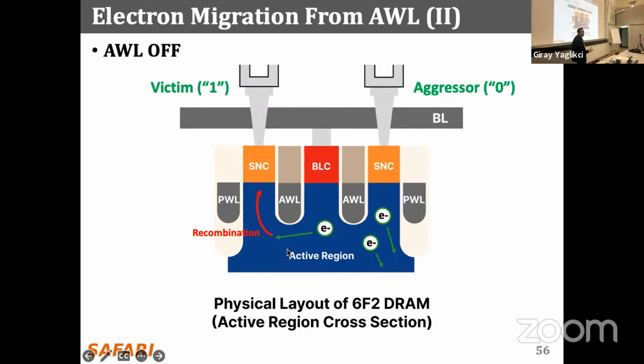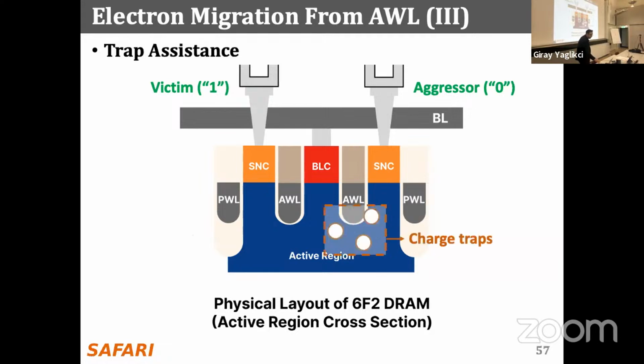So this is an important cause of DRAM read disturbance. This movement of electrons also interacts with charge traps. There are already some charge traps here, and they can capture electrons.